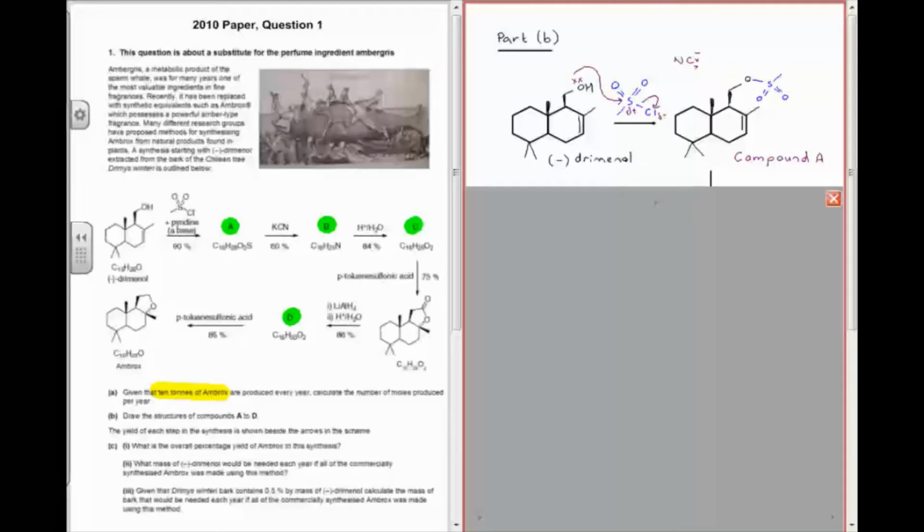Looking at the structure of the intermediate compound A, we know that the oxygen is highly electronegative, and so we can see that there is a dipole in that carbon-oxygen bond in which the carbon is left short of electron density and delta positive.